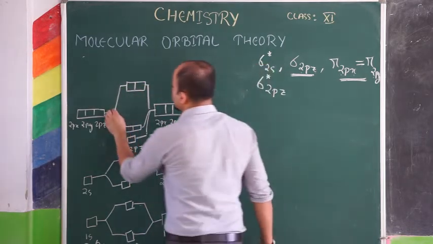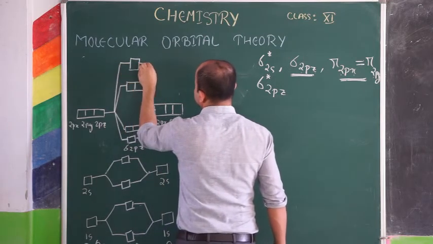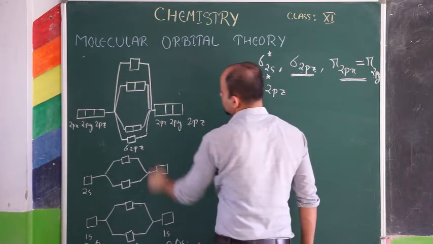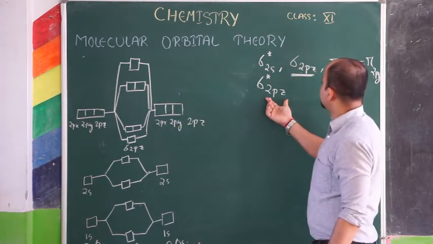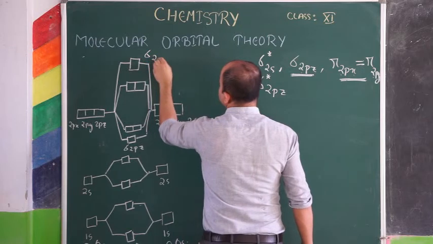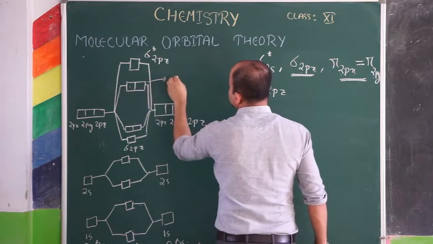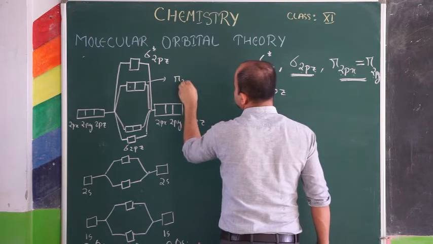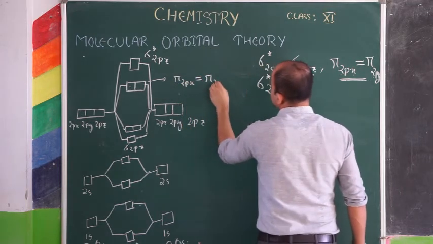And at last, what you have? The highest in energy is sigma 2pz star. So this is your sigma 2pz star. These two are pi 2px star, equivalent in energy with pi 2py star.